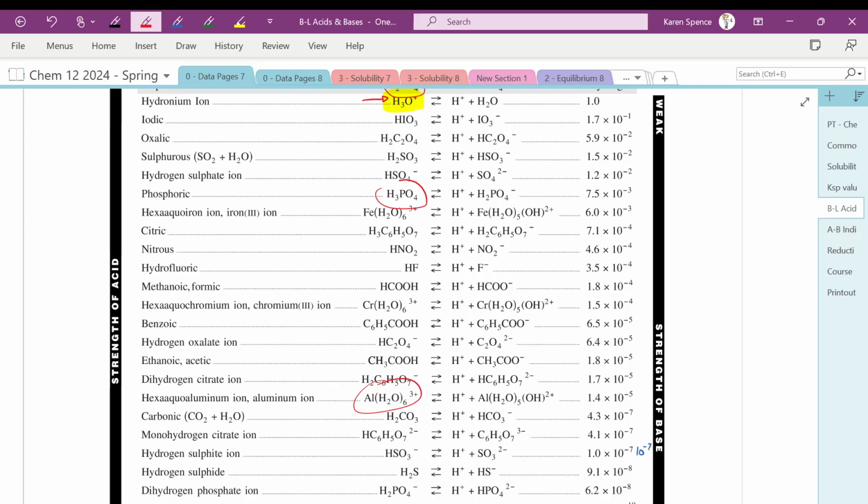What do you think is the strongest base that can exist in water? Tell your partner. Take a look at your chart.